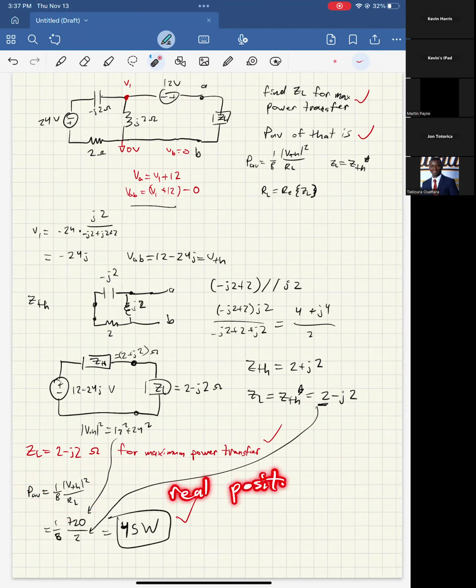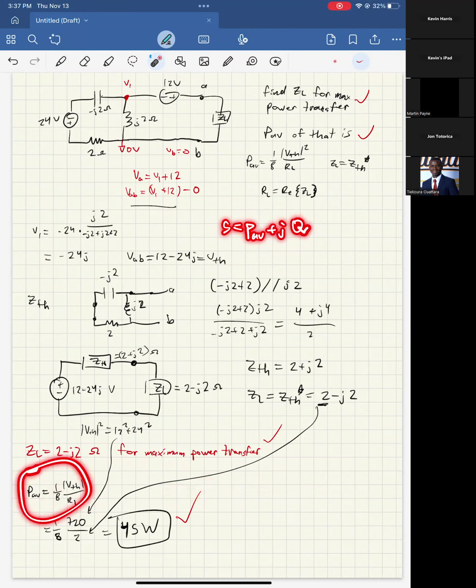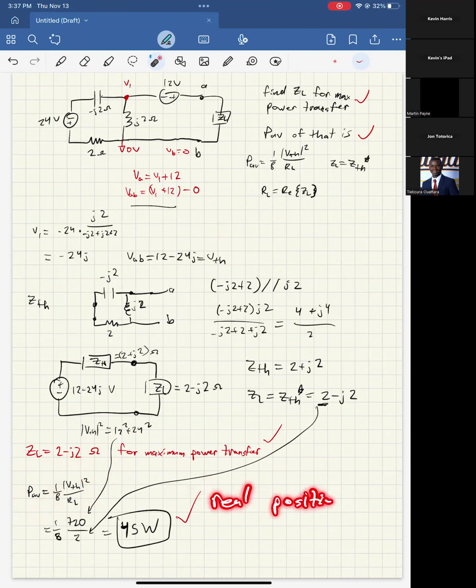If we recall, S is equal to P average plus jQ. So if you use this equation and you end up with something that is not real, then you did it wrong. So make sure you're getting something that is real and positive for the P average max.